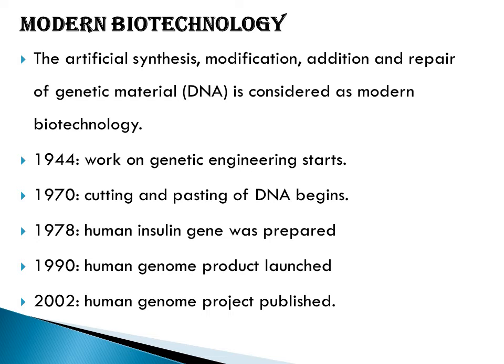So it took almost 12 years to study the Human Genome Project completely. With the help of the Human Genome Project, we get to know which gene is present on which chromosome. So this was all an intro to modern biotechnology.